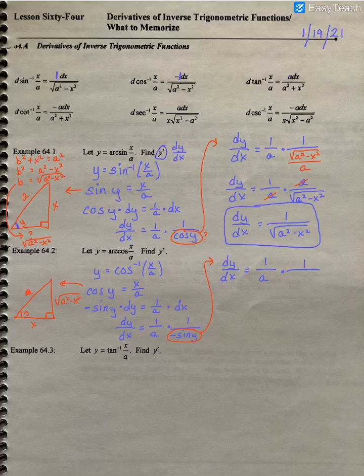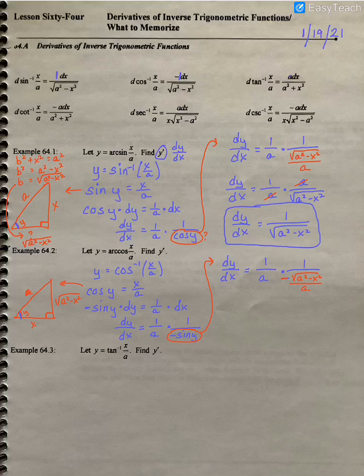So it's going to be the negative of sine of y. If you look at angle y there, we need to talk about the sine of that angle. And the sine is going to be opposite over hypotenuse. So the square root of a squared minus x squared over a. And then, of course, we already had that negative in there.